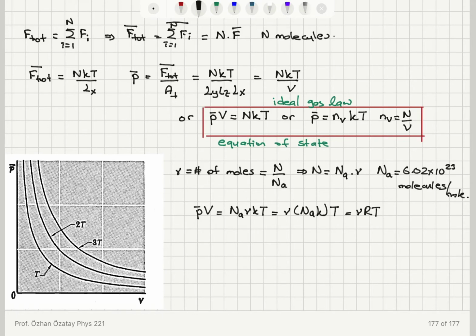PV equals nu RT, and Na k is R, the universal gas constant. So this is our universal gas constant. It is the product of Avogadro's number with Boltzmann constant.